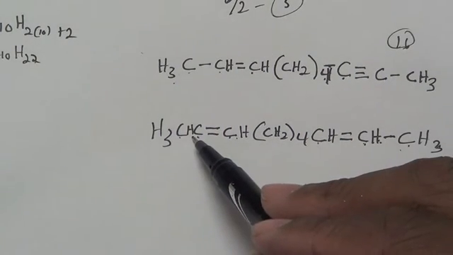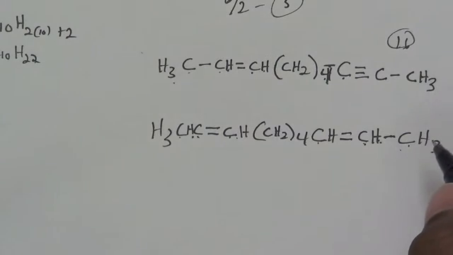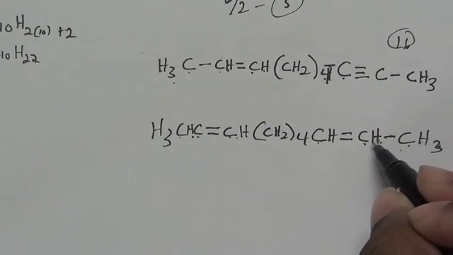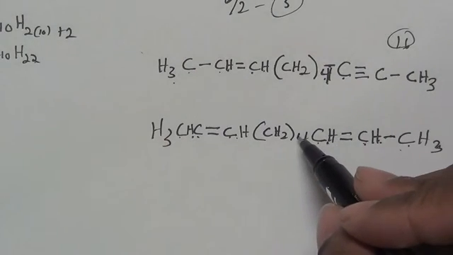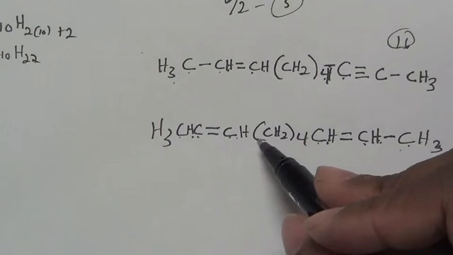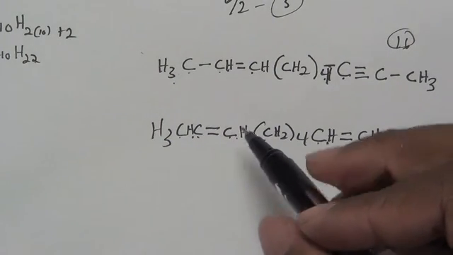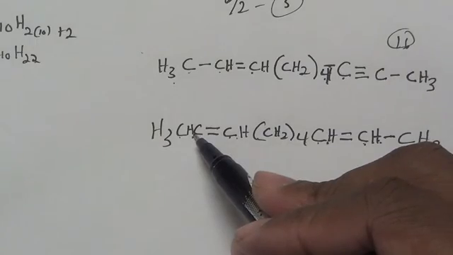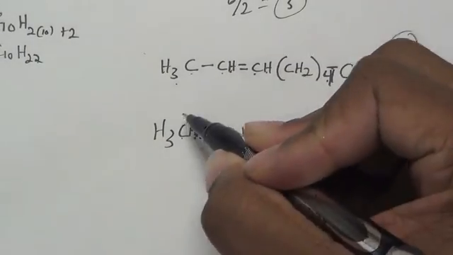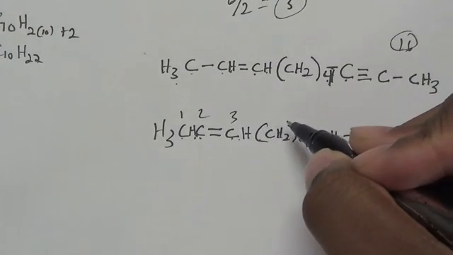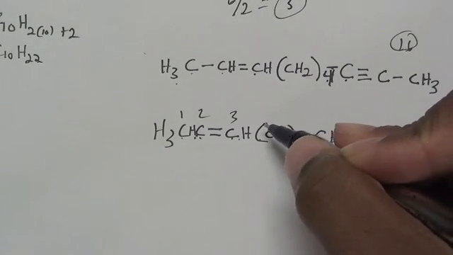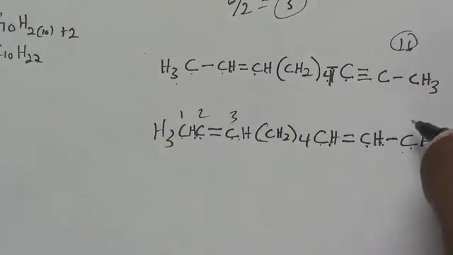14, 15. Oh, I miscounted somewhere. So that's 4, 5. 5 plus 8 is 13. 14. 15. Do I have 10 carbons? Let's see. 1, 2, 3, 4. That'll be 7, 8, 9, 10.